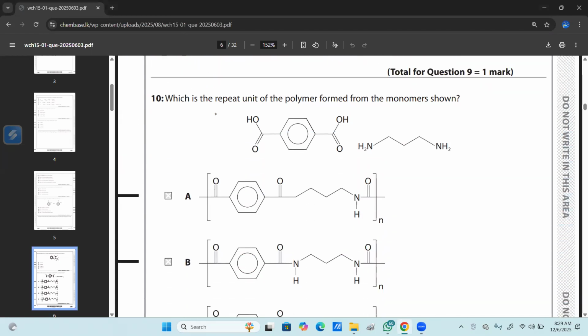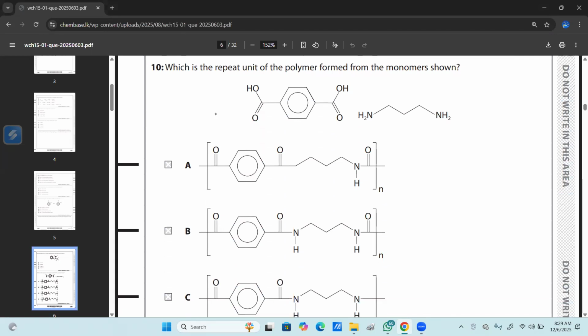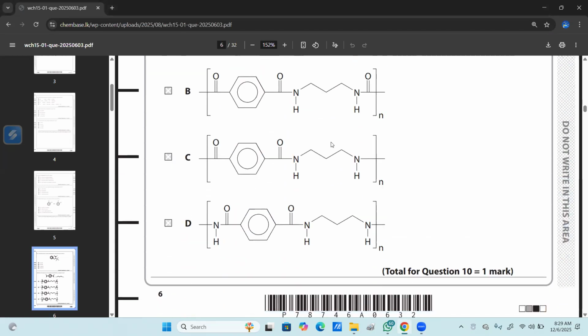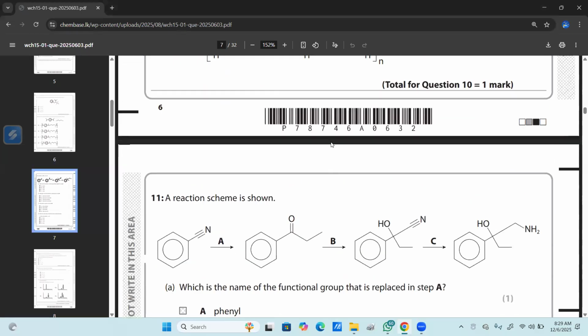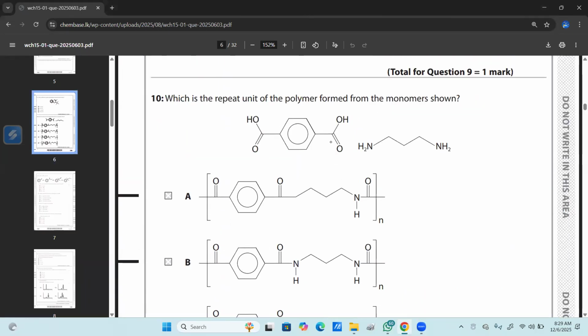Which is the repeating unit of the polymer formed from the monomers shown? Children, to explain that, I will have to draw them separately. Here we have COOH and NH2.